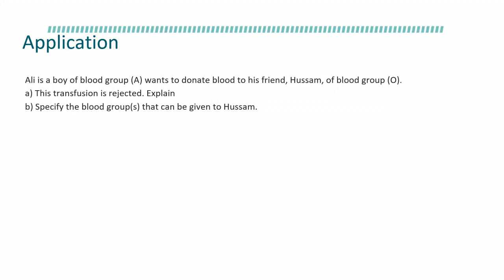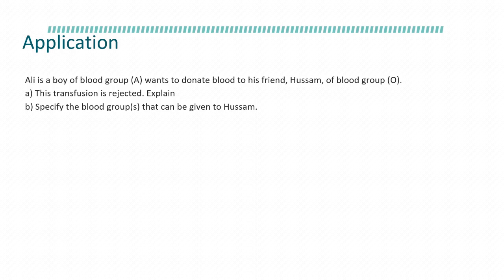If we look at the donor, it's of blood group A, so it has antigen A. The recipient has anti-A and anti-B. So for that, will agglutination happen or not? Yes, it will happen. So it will be rejected.